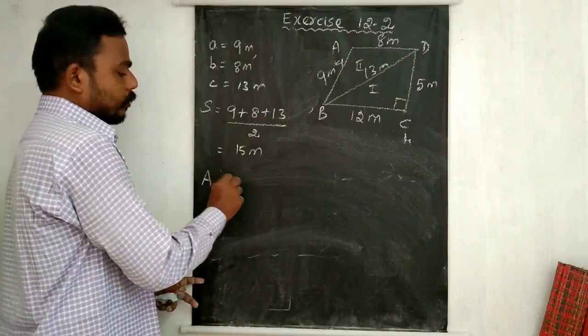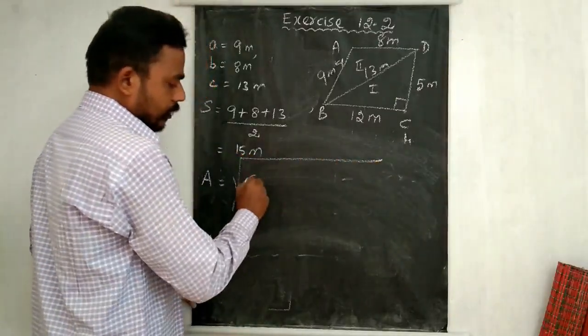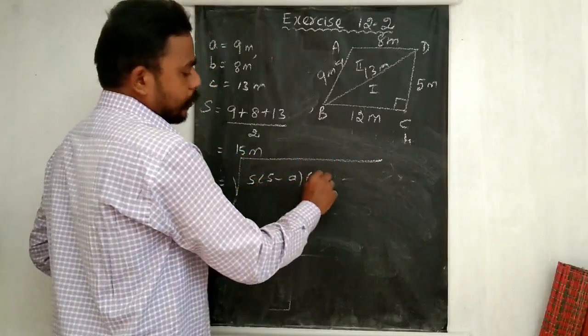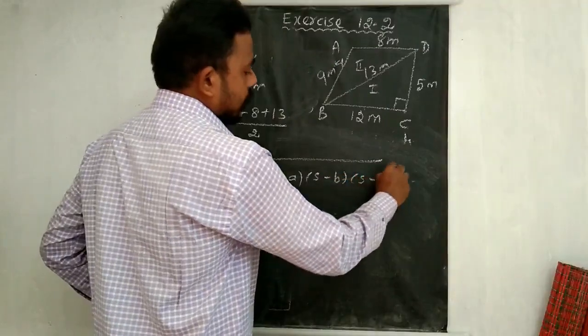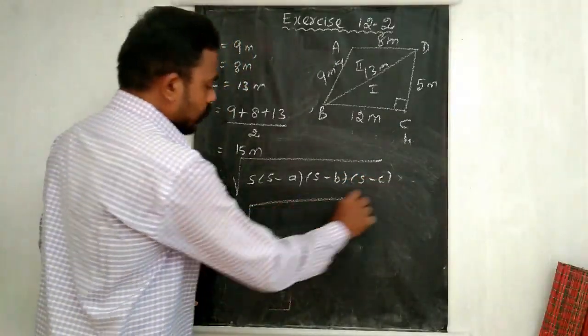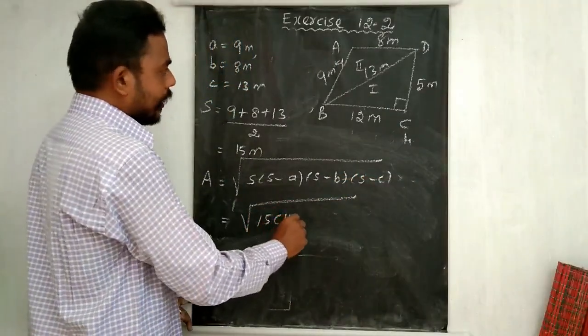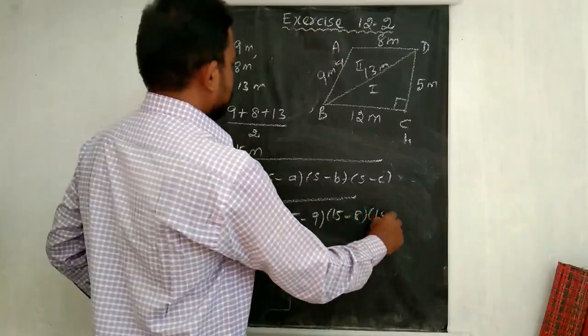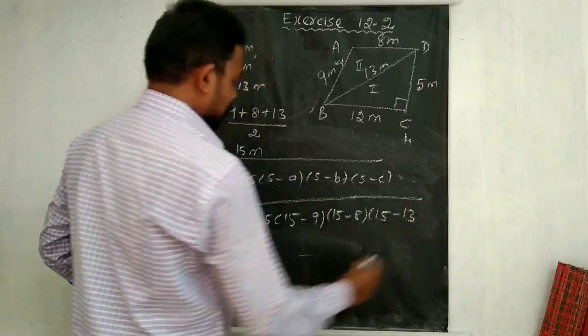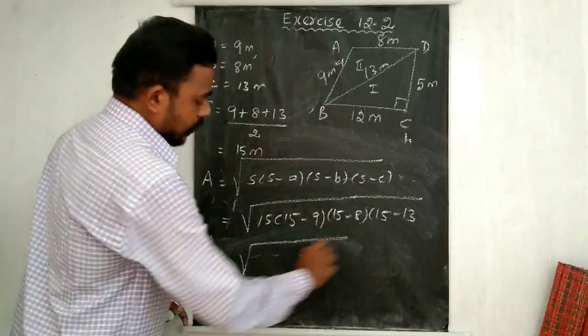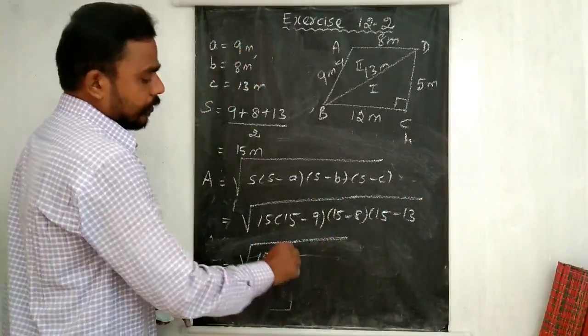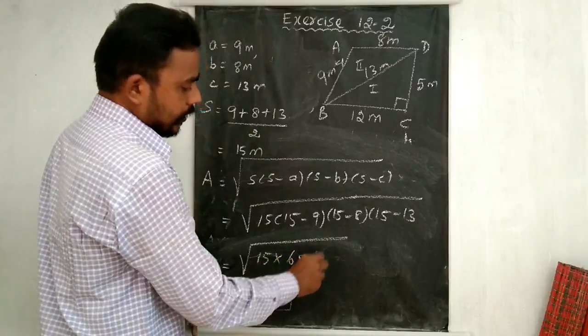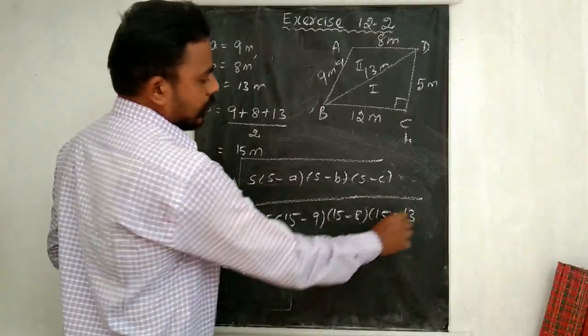Therefore area equals root of s into s minus a into s minus b into s minus c, so root of 15 into 15 minus 9 into 15 minus 8 into 15 minus 13. That is 15 into 6 into 7 into 2.